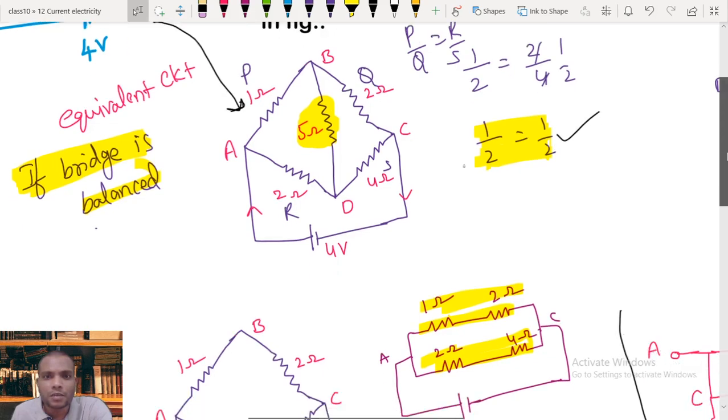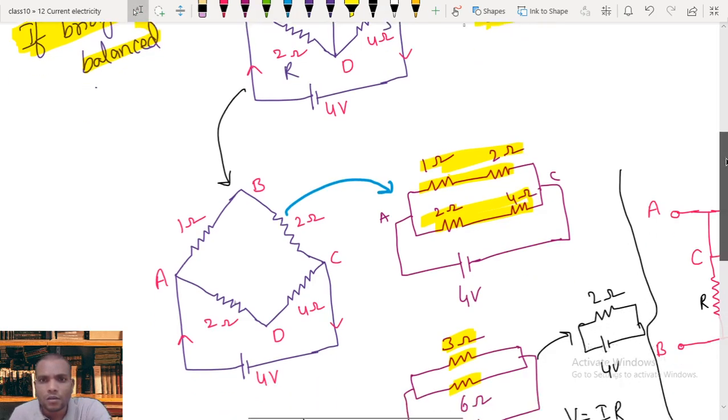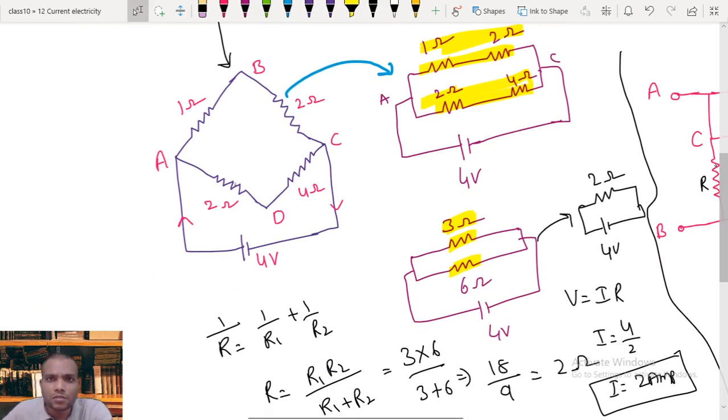When ratios of resistance become equal, the current through this arm goes to 0, so this arm becomes inactive. So we remove that, and our circuit turns again into a series-parallel combination. Finally we got a simple circuit of a voltage source and a resistance of 2 ohms, which leads to calculating the current in the given network. This is how we need to simplify the circuit.